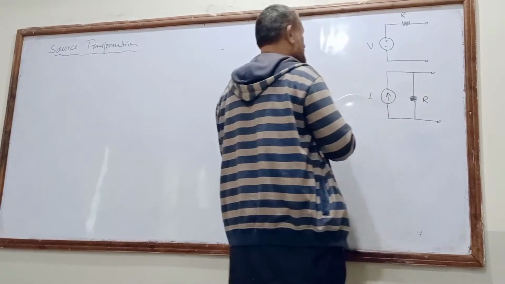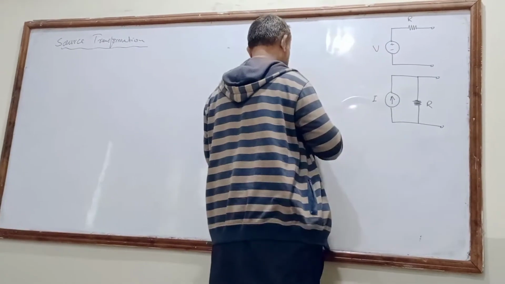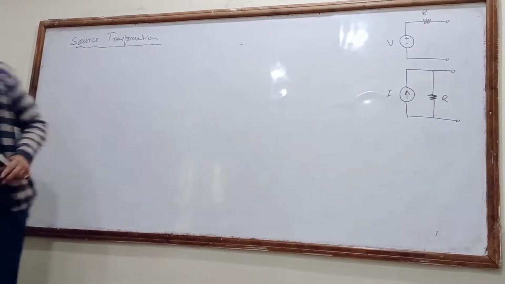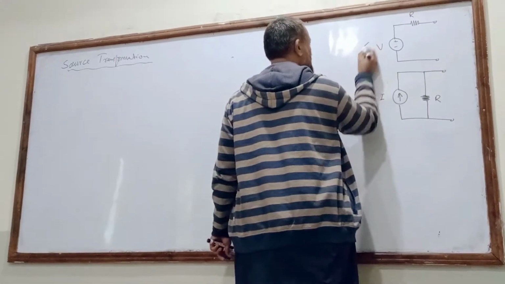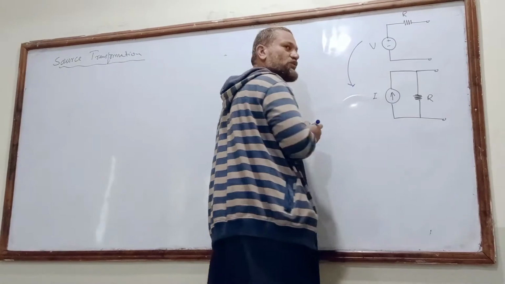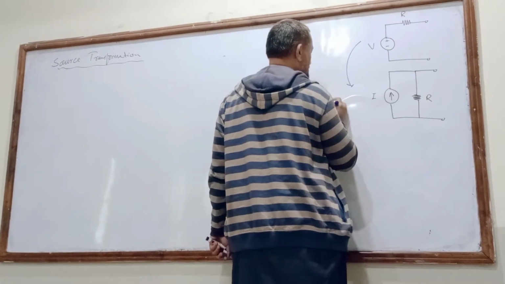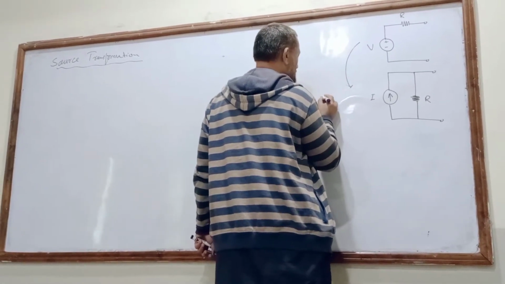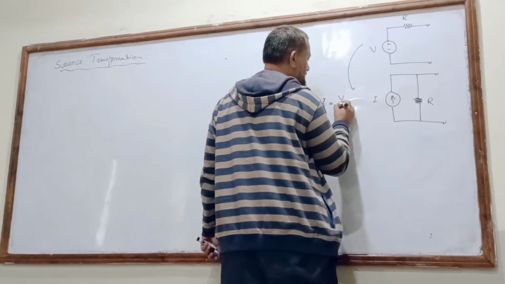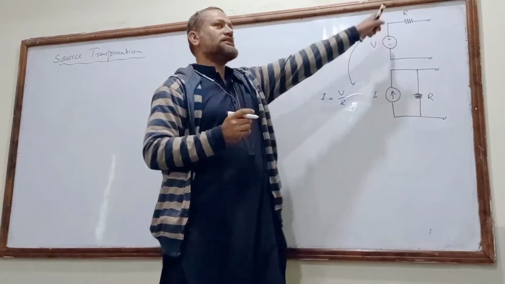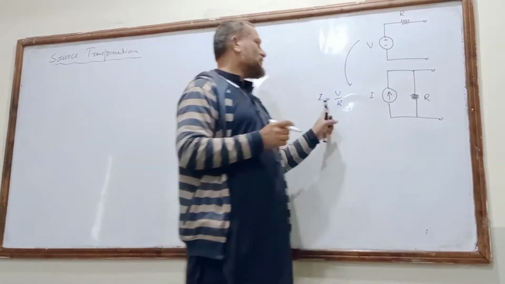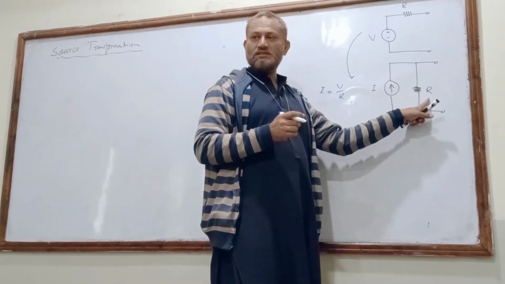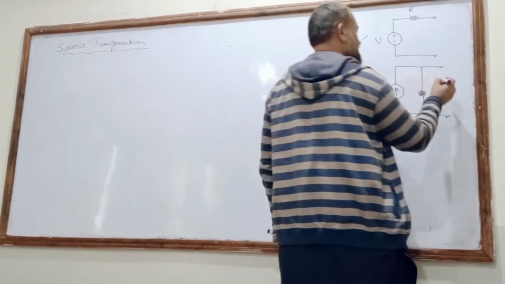When we convert voltage source into current source, I is equal to V by R. Just put the value of current over here and the value of resistance over here.